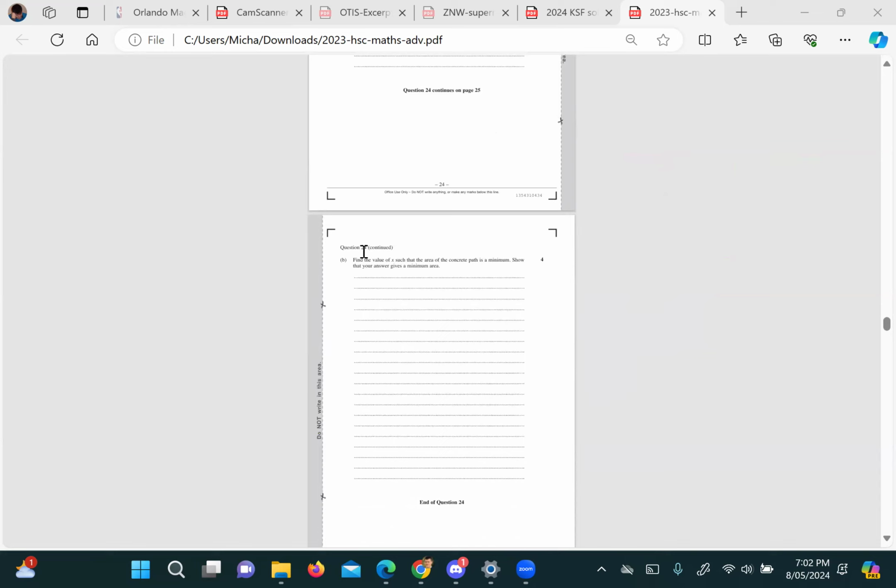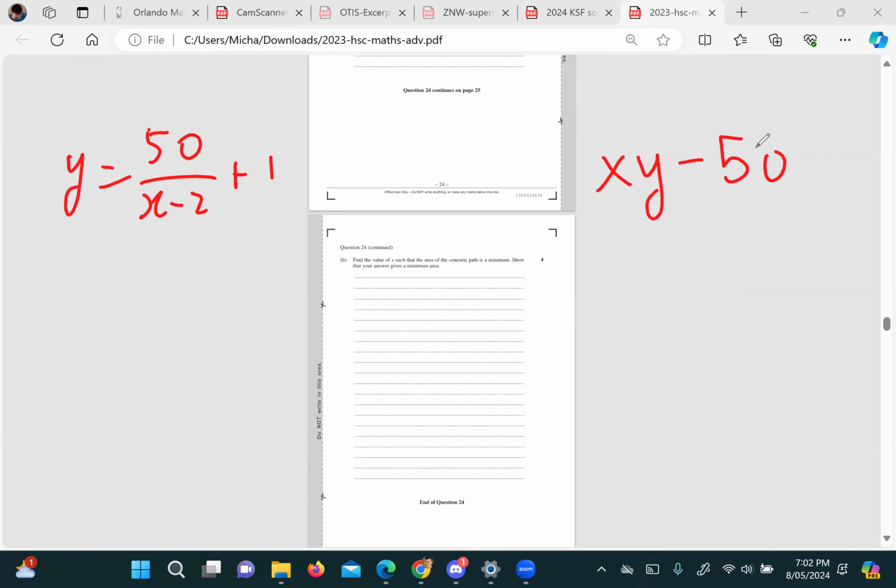So we got that expression, and then what about part B? The area of the concrete will be x times y, minus 50. So you can see the area of the footpath is xy minus 50. Then we can sub in our value for y to get the concrete area.